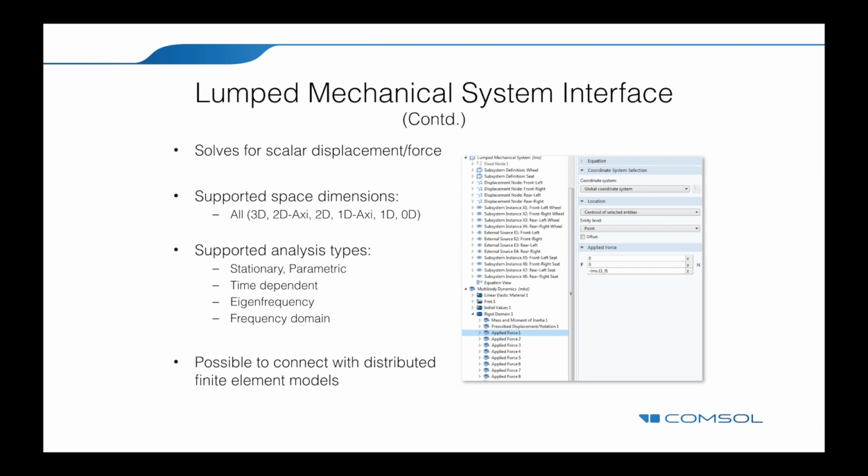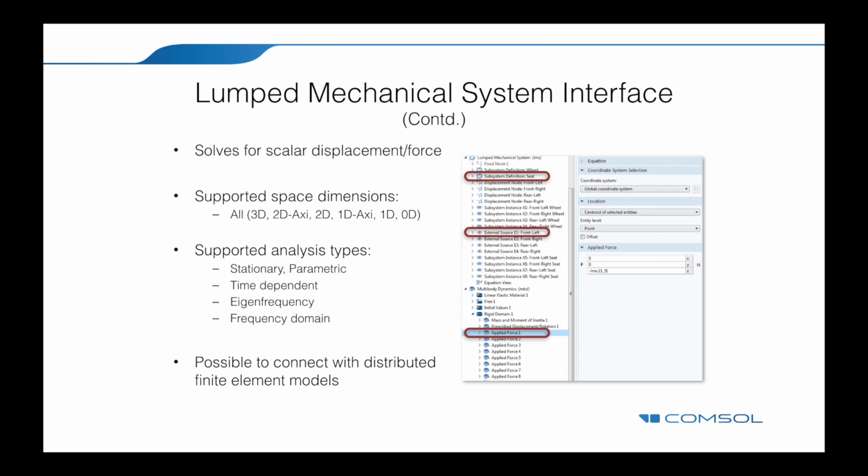In the second demonstration example, we will see how you can do this in COMSOL Multiphysics. To do that, you can create subsystems, for example for a wheel or a seat. So you can couple lumped elements into one subsystem definition, and then you can create external sources, so you can couple your lumped mechanical system to other rigid domains.